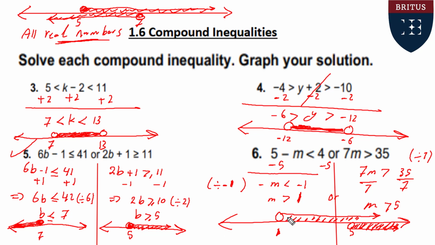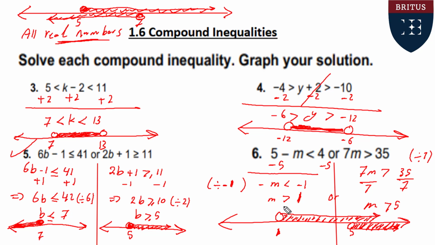Now, guys, what's the solution of the inequality? The solution is the solution of the first in addition to the solution of the second. So we can say that m is greater than 5 is a part of the first region, a subset of the first.